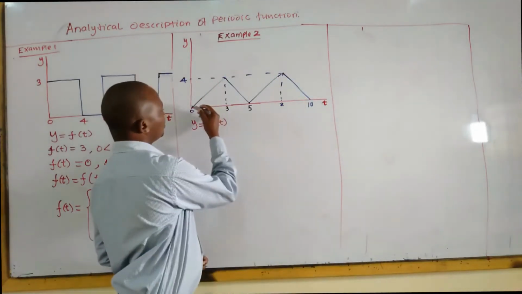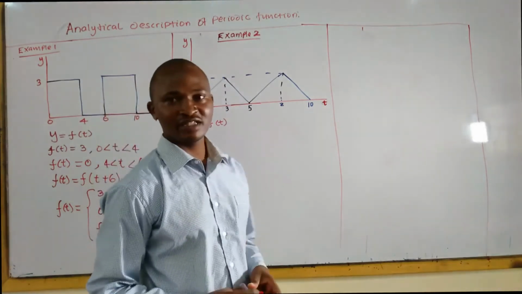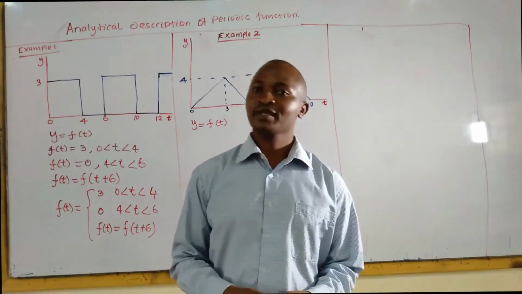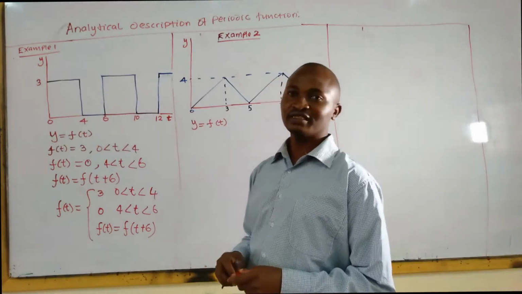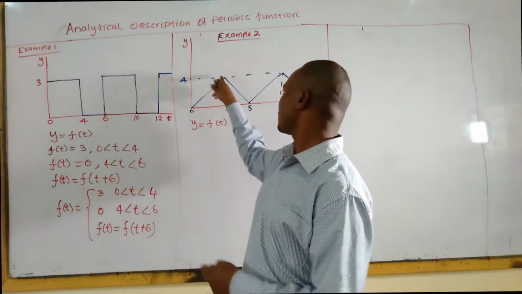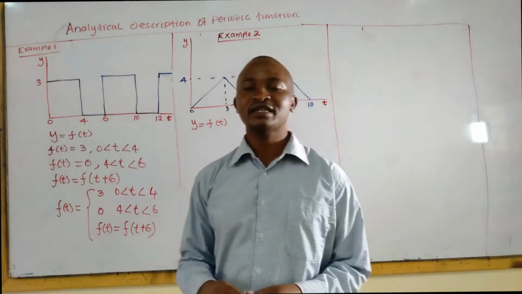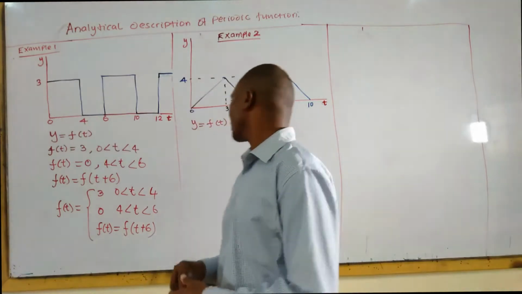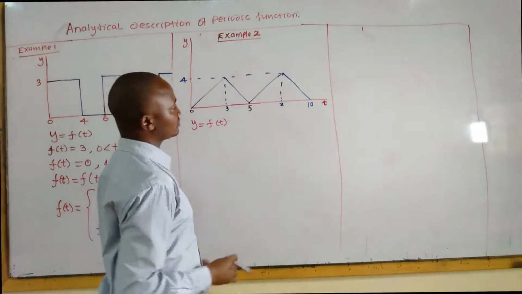Here we have a positive gradient, here we have a negative gradient. So we expect the first portion to have a positive gradient and the second portion to have a negative gradient. We have already discussed how to determine the equation of a straight line, so we will quickly determine the equations of these two portions.